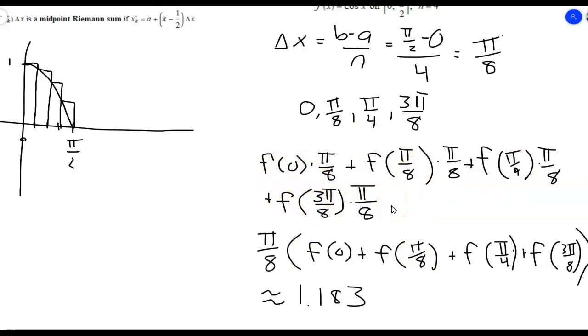So it's going to be the same formula, except this time I am going to start with pi over 8, and then we're going to end with pi over 2. So instead of this term here, we're going to replace that with f of pi over 2.